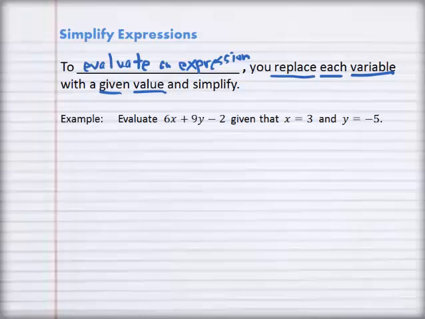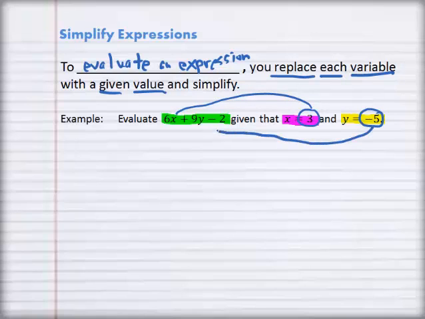So if you look at the example, we want to evaluate this 6x plus 9y minus 2, given that x is 3 and given that y equals negative 5. So what I'm going to do is put this 3 in for x and this negative 5 in for y. And then after I get this done, I'll simplify if possible.